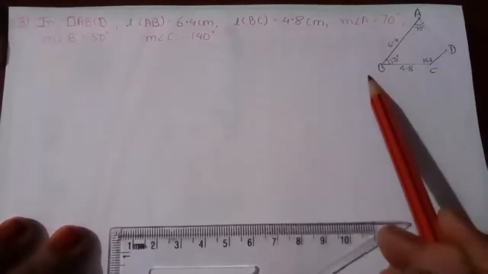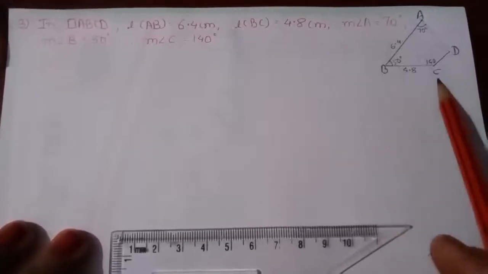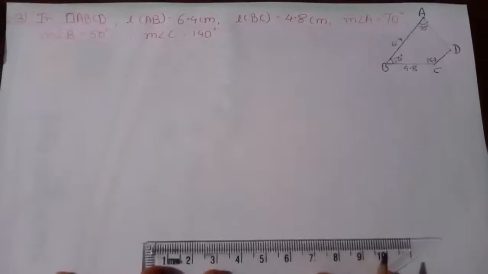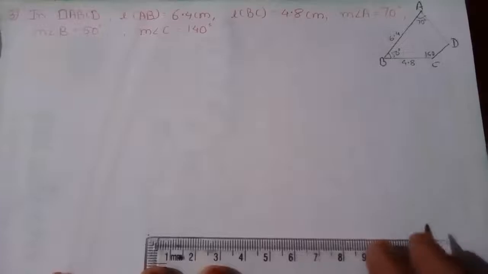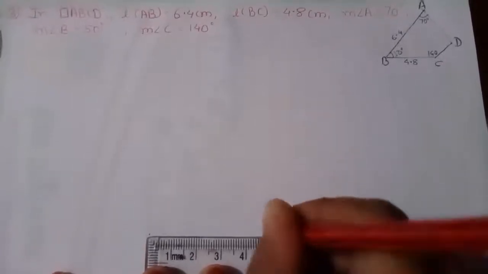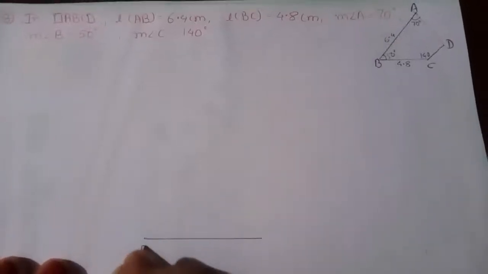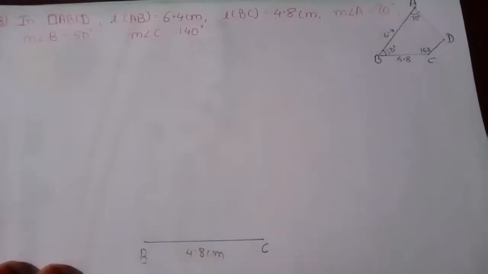In this, the base BC is 4.8 centimeter. So first, by using a scale, we draw base BC, 4.8 centimeter. Draw the line and give the name BC.